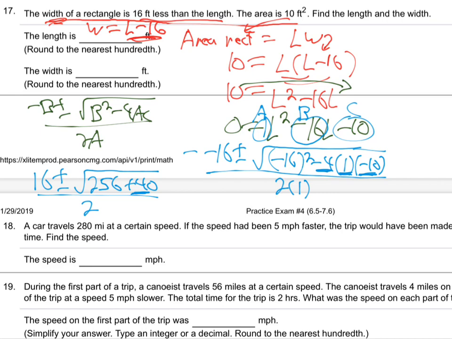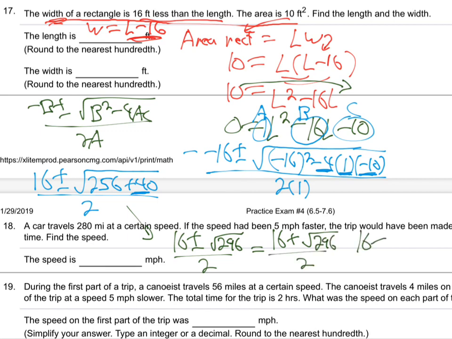And so that is 16 plus or minus square root of 296 all over 2. And that means 16 plus the root of 296 all over 2 and 16 minus the root of 296 all over 2. They want decimals, they say. See right here? Round to the nearest hundredth.